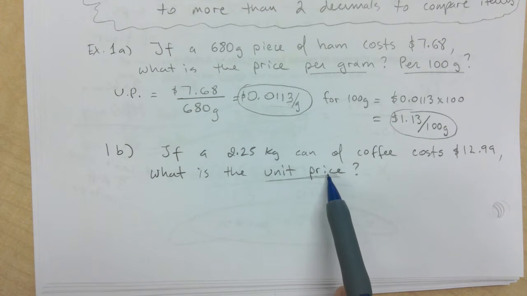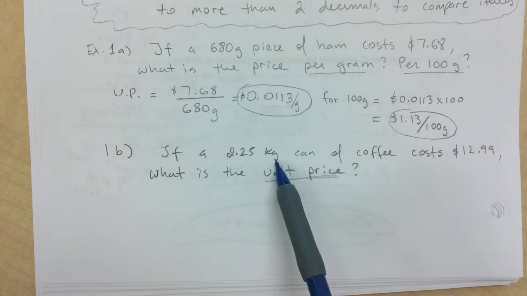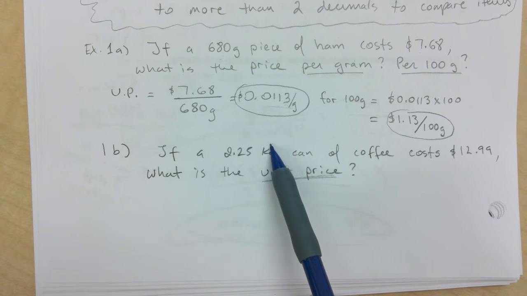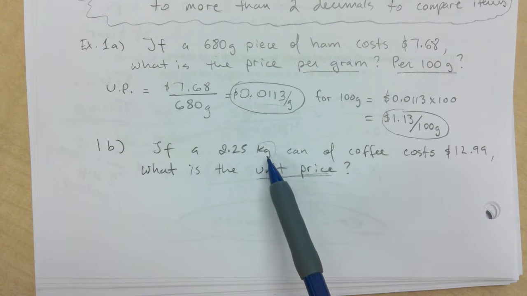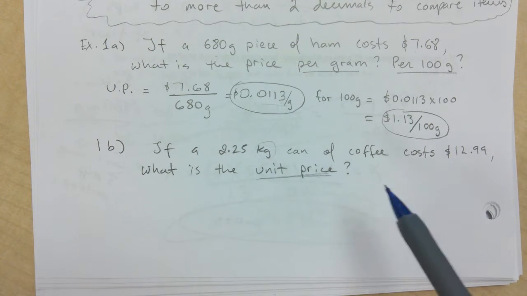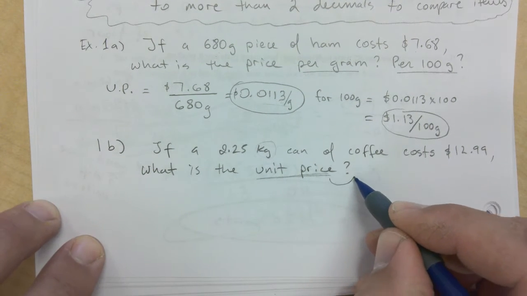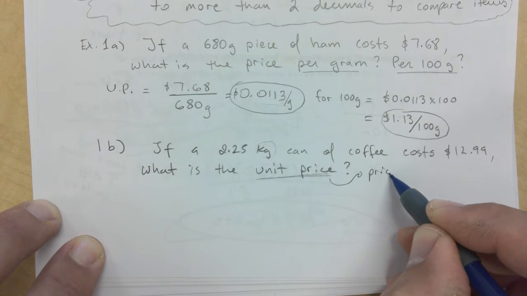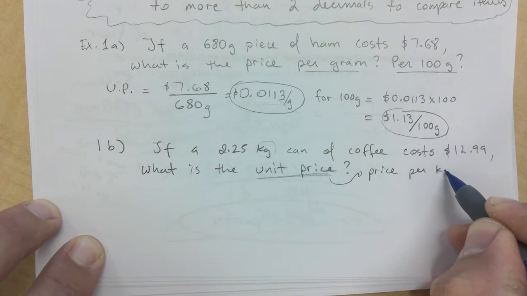Remember, the unit price stands for the cost of one. The cost of one what in this case? We're talking kilograms. So we're going to find the price of 1 kilogram, right? So essentially asking price per kilogram.